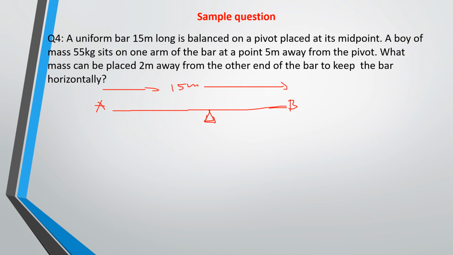A boy of mass 55 kg sits on one arm of the bar, 5 meters away from the pivot.